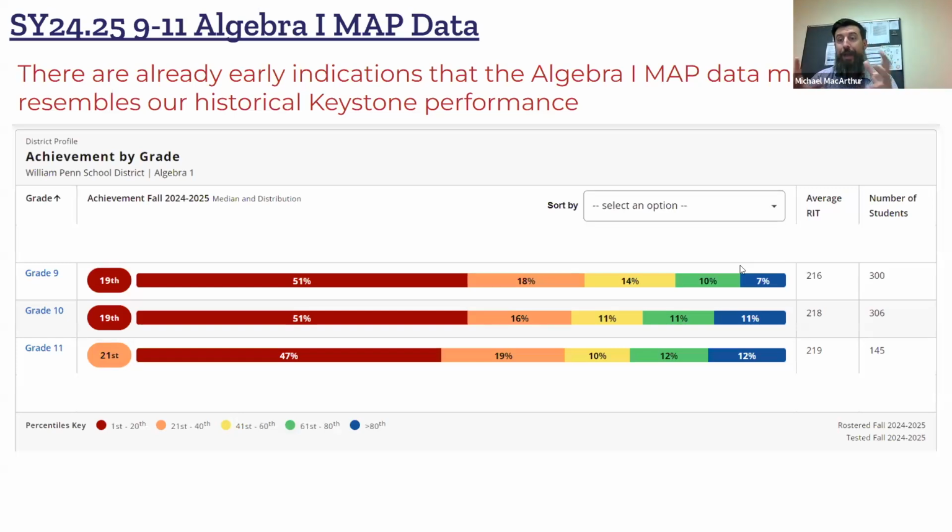Last year, we had about 10% of students proficient on the Algebra Keystone in 9th grade, and this is showing that we're projected at about 17, which isn't matching up exactly, but it's much closer than what we were expecting in previous years. So we already feel better about this strategy. And now we know the students that are on track or within reach of proficiency, and the students that are starting the year farther away.